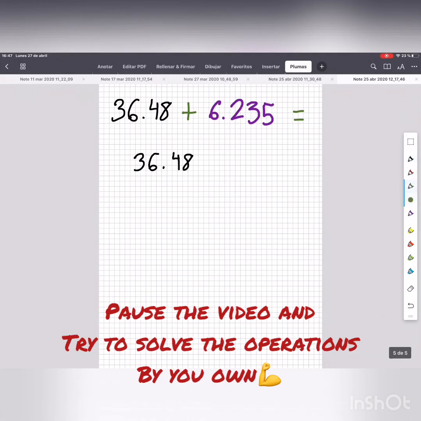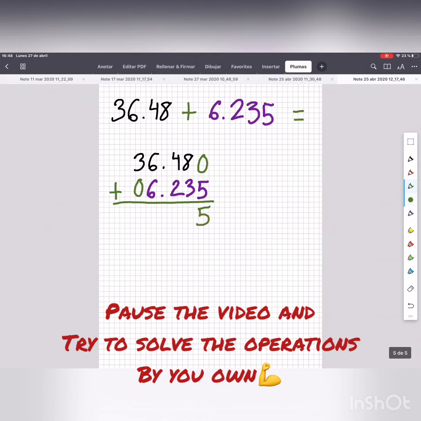In the second step, we have to remember to line up the decimal points right below the other decimals. Before starting the operation, we have to complete the sides where there are not any numbers with a 0 to make it much clearer. So now we can start adding.